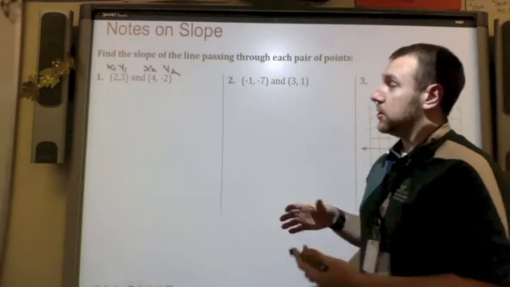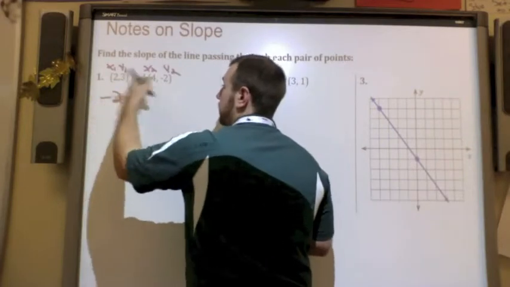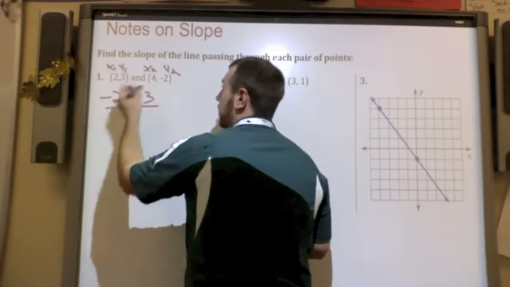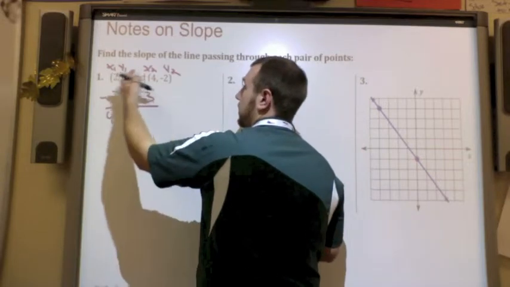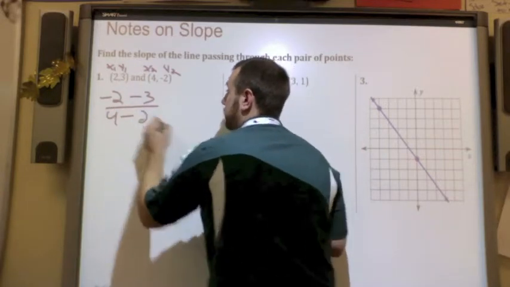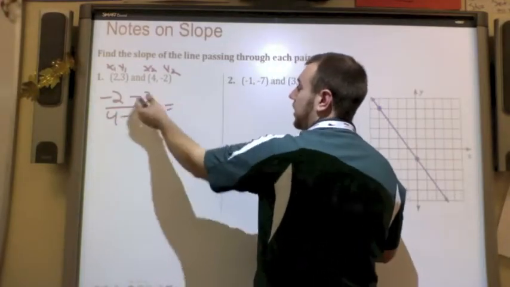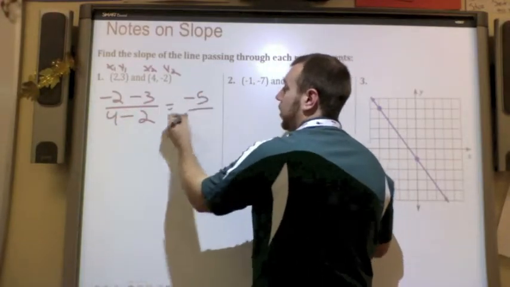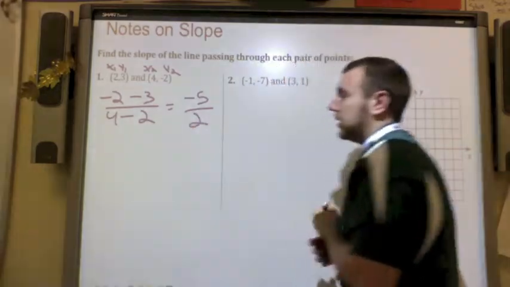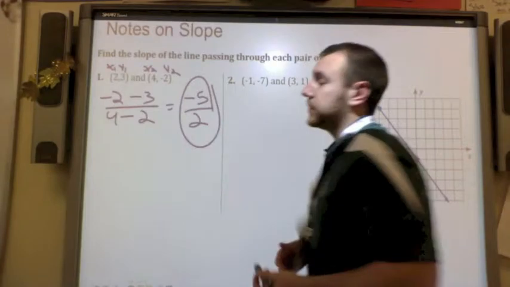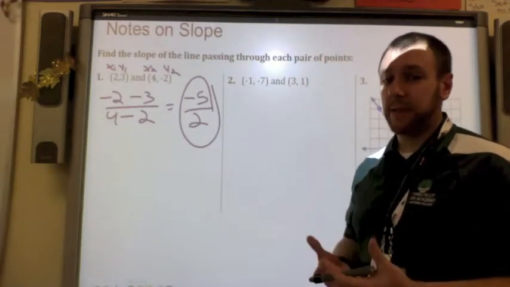So now I just do y2 minus y1 over x2 minus x1. So I get negative 2 minus 3 is negative 5 over 4 minus 2 is 2. So that is my slope. And slope is always written as a fraction.